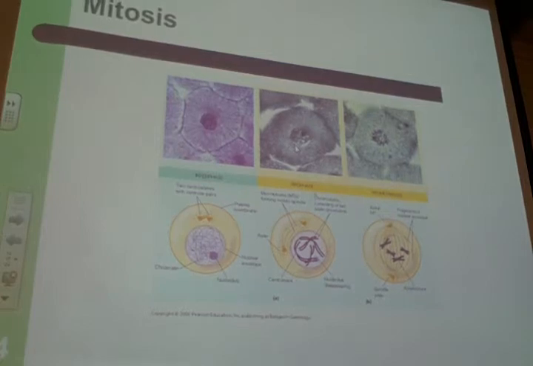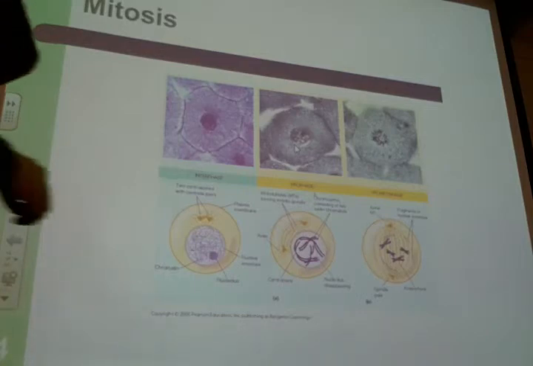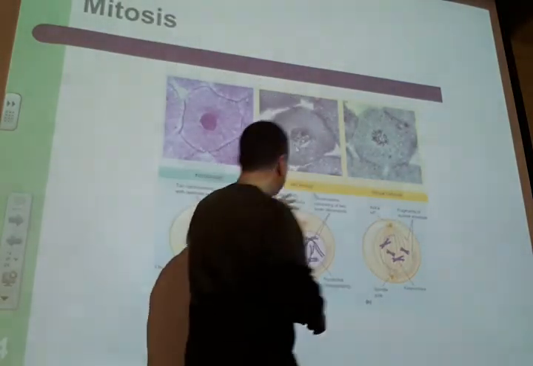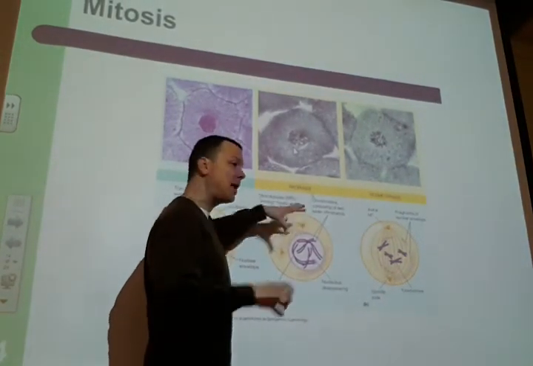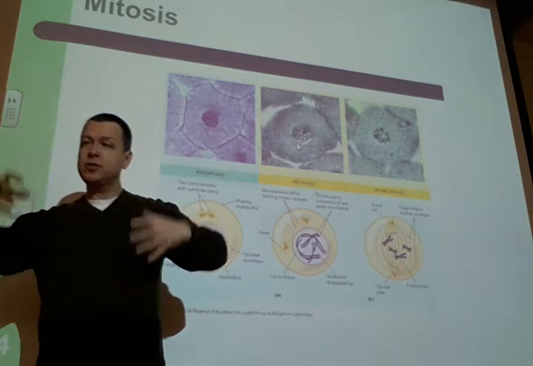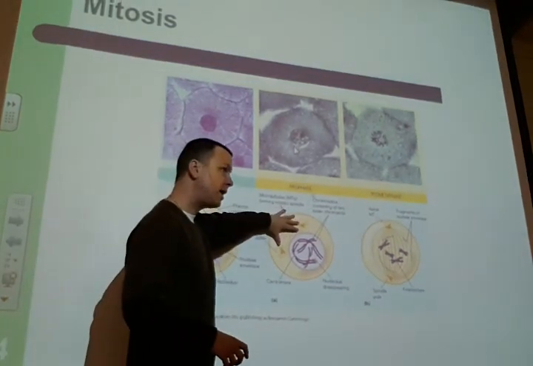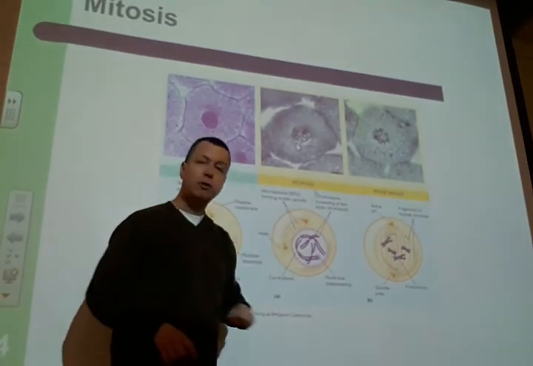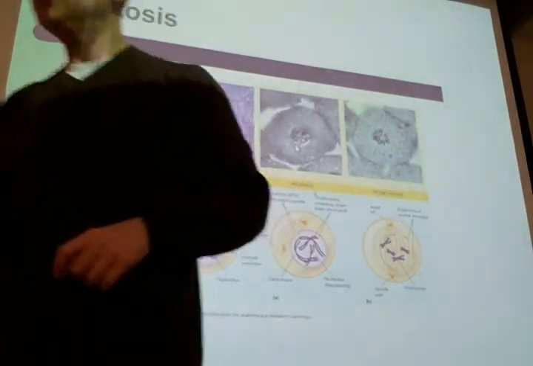Some of them are going to attach to the chromosomes, some of them are not, some of them will attach to each other. We'll see that as we move through. But for now, the spindle apparatus, the microtubules that are going to move stuff around, are being established out in the cytoplasm while the chromosomes are condensing inside the nucleus.